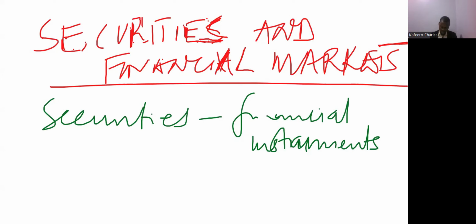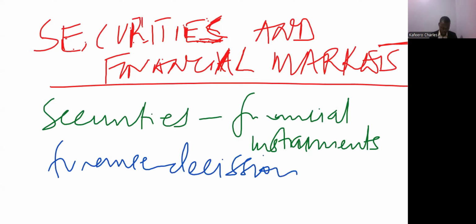After looking at that, we shall also look at the finance decision. Securities actually link to the finance decision, because that's where we are getting the money from. The securities that we are talking about here are the ones that will lead us to the financing decision.